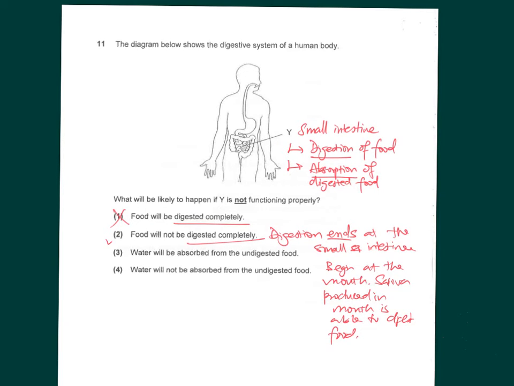Option 3, water will be absorbed from the undigested food. Not true, because water absorption occurs mainly in the large intestine. Alright. Option 4, water will not be absorbed from the undigested food. Again, is wrong. So the correct answer is 2.